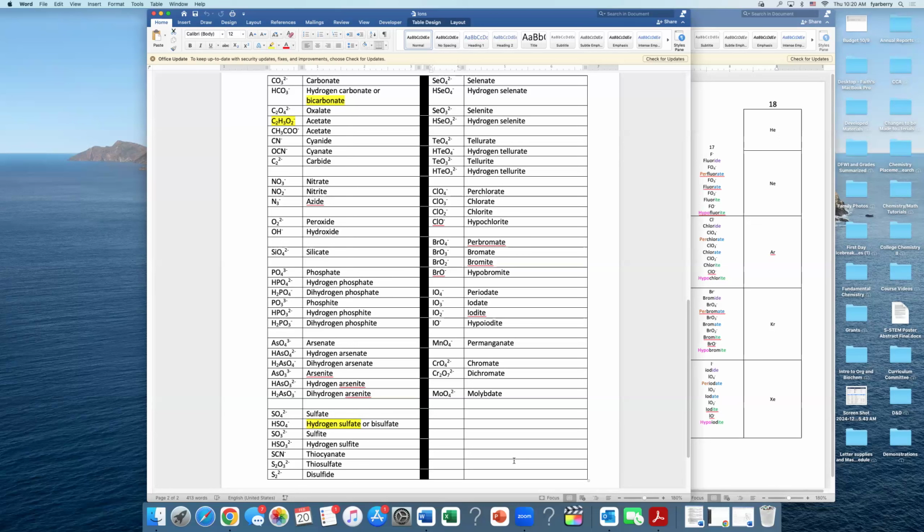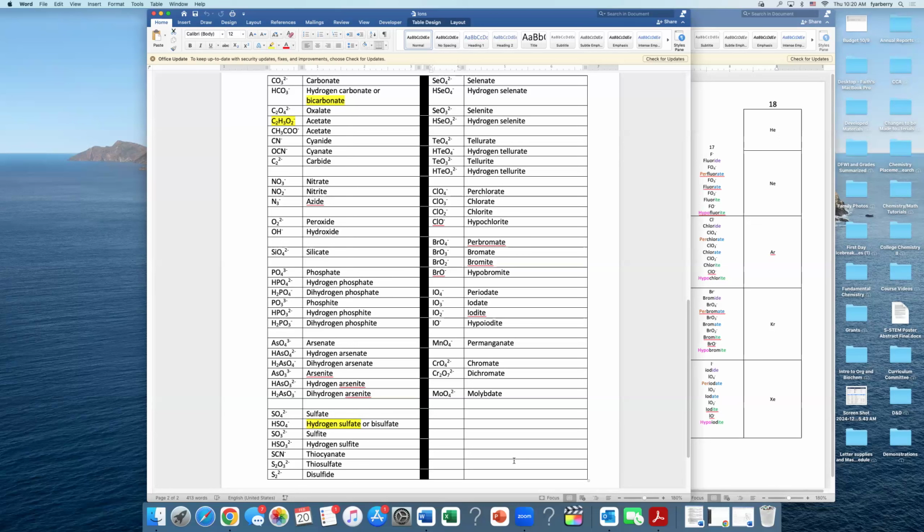In this document, there are some notes to help you. For example, in period 2, you will notice that all of them that end in ATE have 3 oxygens.